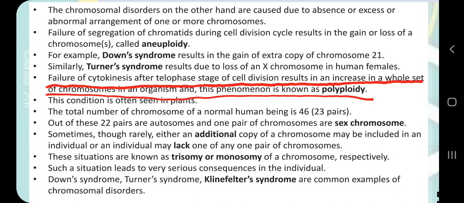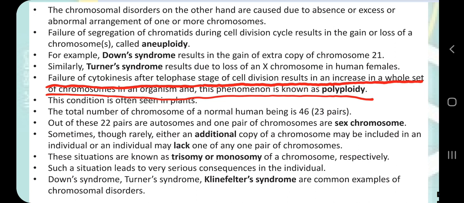And what happens in abnormalities is that one of those pairs, or more of those pairs, we are not taking the example of more because we are focusing on only one beginning idea. So one of that pair fails to segregate. It means if this pair goes to one daughter cell, that daughter cell will have one more chromosome, and the other daughter cell in case of meiosis will have one less chromosome.